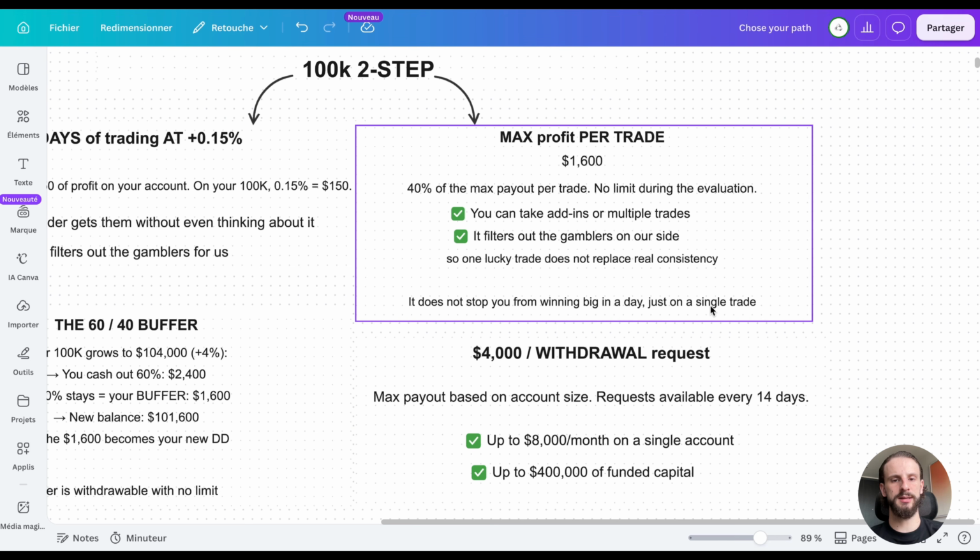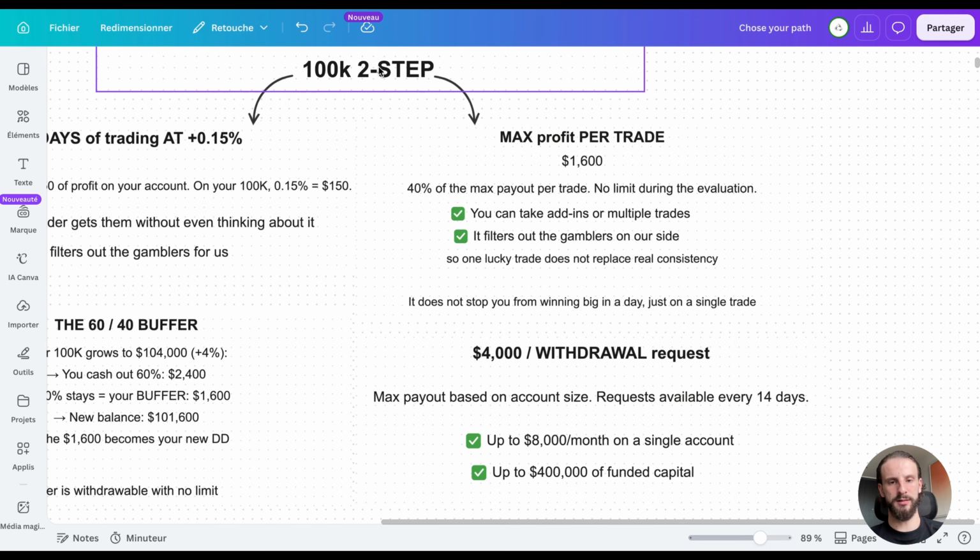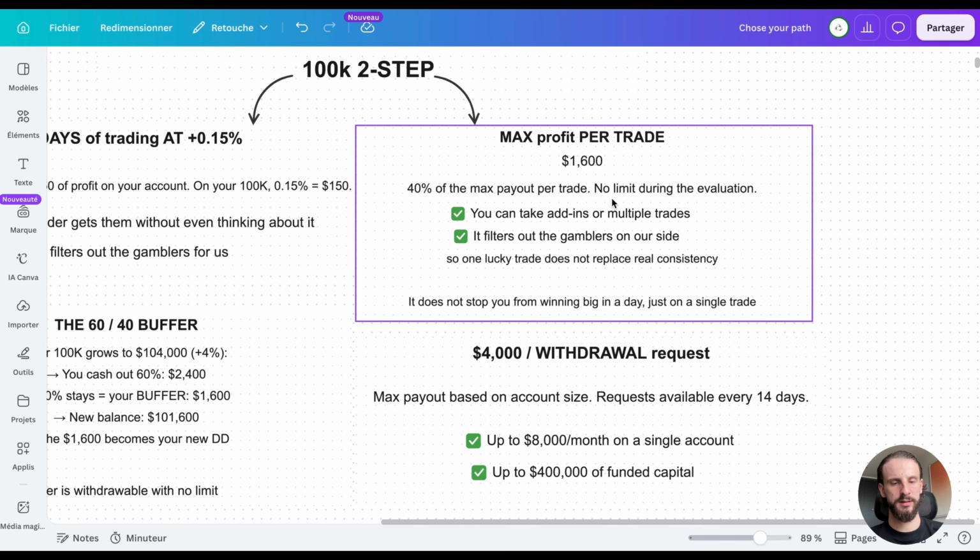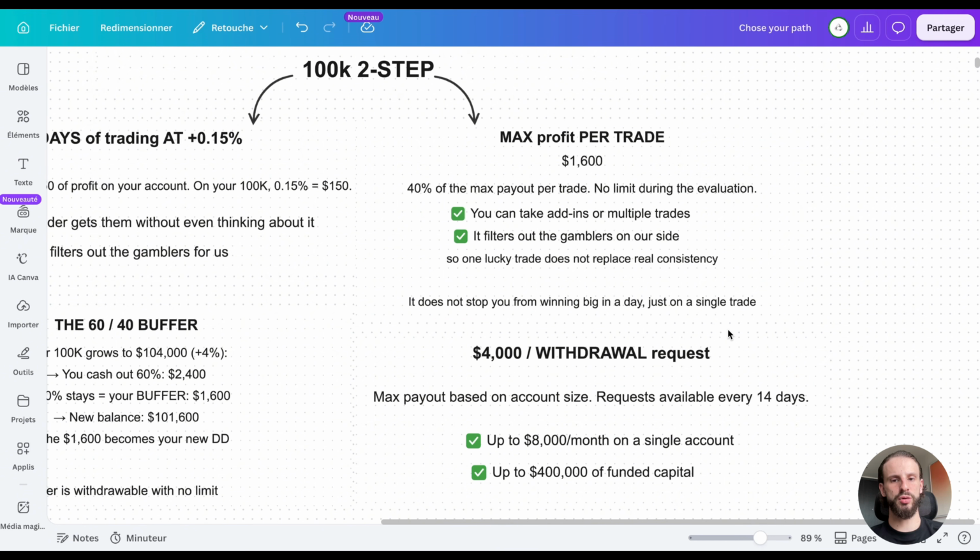You can take 10 trades in the same session, as long as every trade you take does not go above $1,600 on a 100K account. So trade normally, stay consistent, and this rule will never be a problem for you, right?